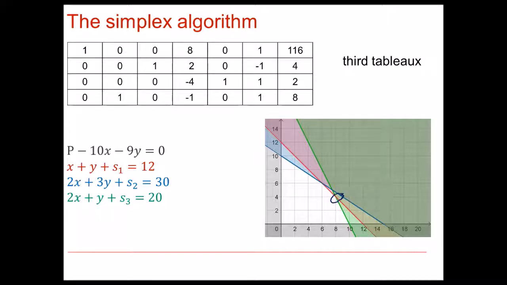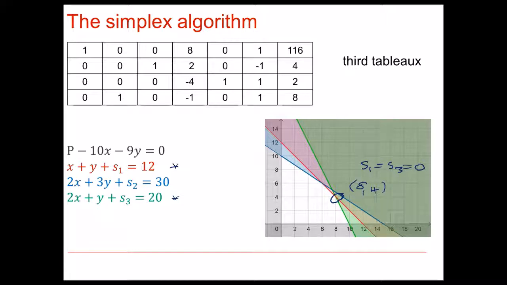So at that point 8, 4, you can see that y will have increased to 4 and x will have decreased from 10 to 8. We know that this is where these two lines intersect, and we know that in this case S1 and S3 equal 0.